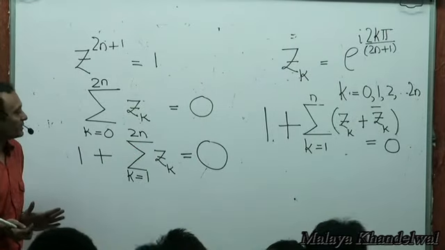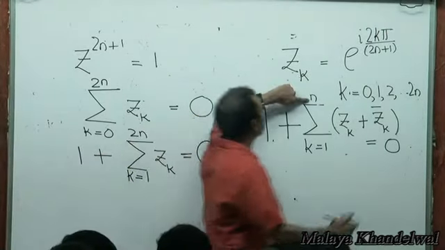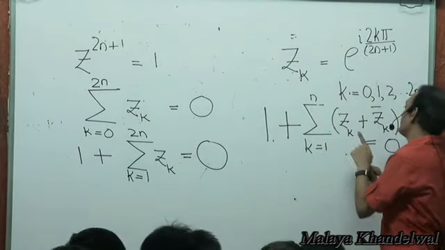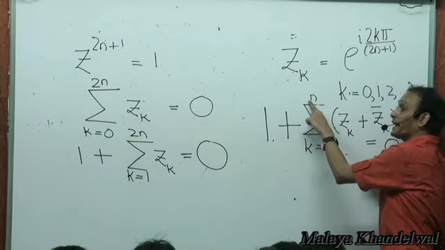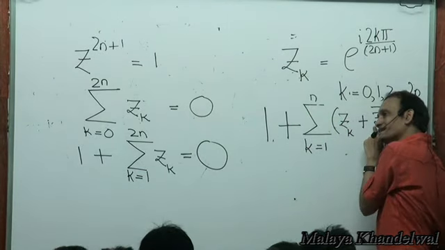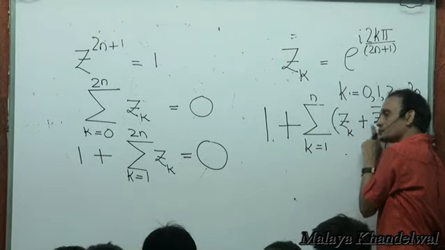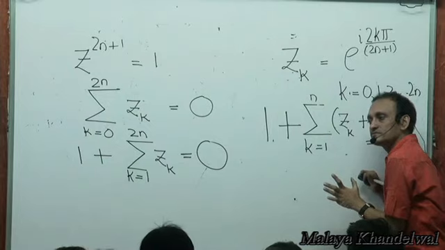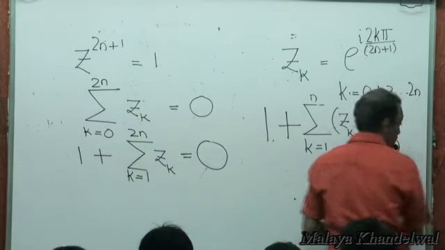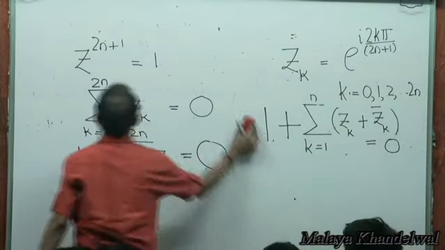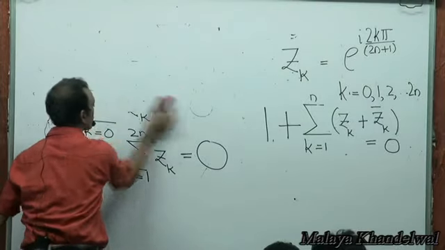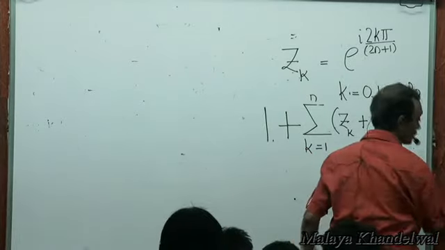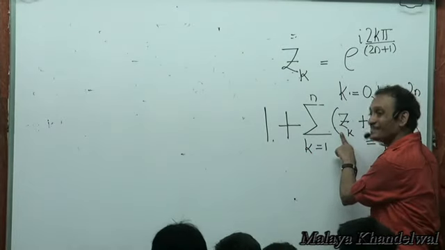By taking a zk bar, I can avoid taking values of k from n onwards. K equal to 1 to n will give me all the zk's. K equal to n plus 1 to 2n will give me all the zk bars. So I just take k equal to 1 to n and include the zk bars right here. Which then means zk plus zk bar is twice real zk.